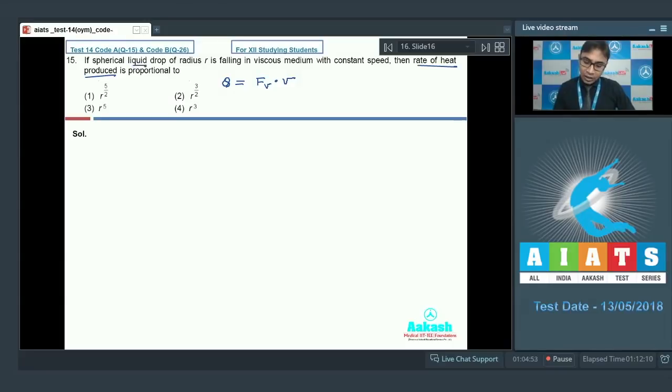So if the spherical liquid drop of radius r is falling in viscous medium with constant speed, what does this mean? Constant speed means it is moving with terminal velocity. And what is the value of the terminal velocity? We know that the value of the terminal velocity will be given by 2 by 9 (sigma minus rho) g r square upon eta.